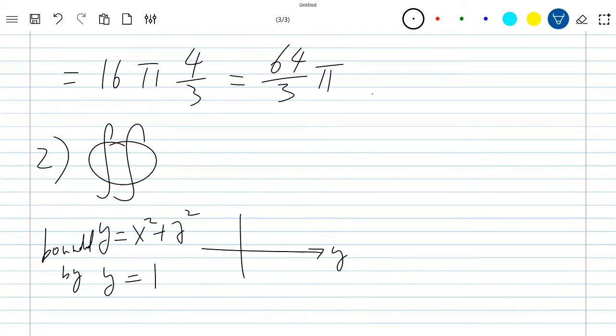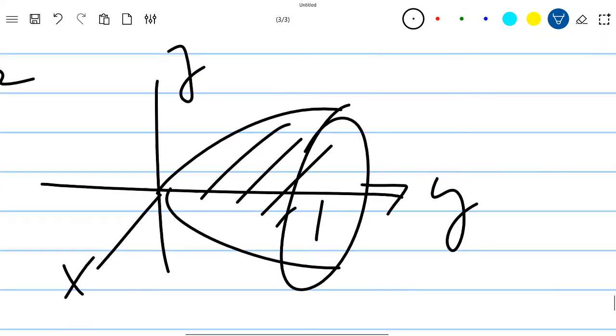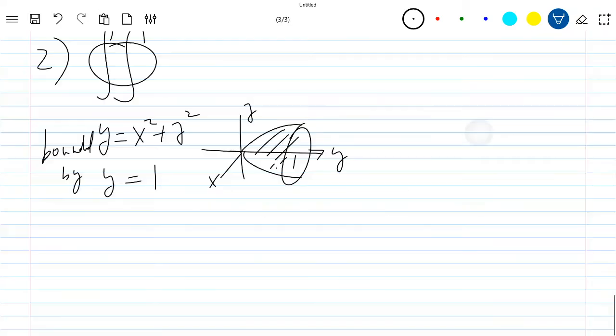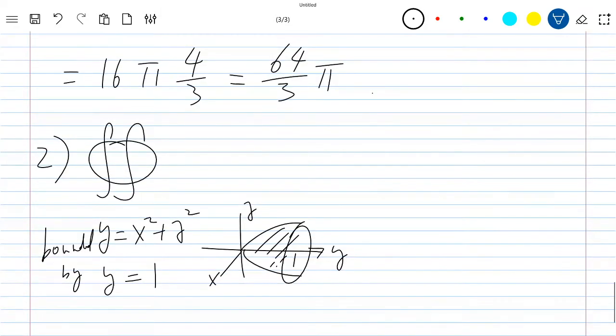This is y. y equals x squared plus z squared, so it's a paraboloid, but in the y direction. This is z, this is x, right? And this is y equals 1, so it's the 3D region here. So let's see, what is the surface of this guy? It has 2 parts.